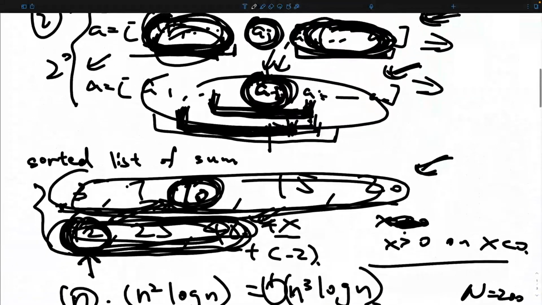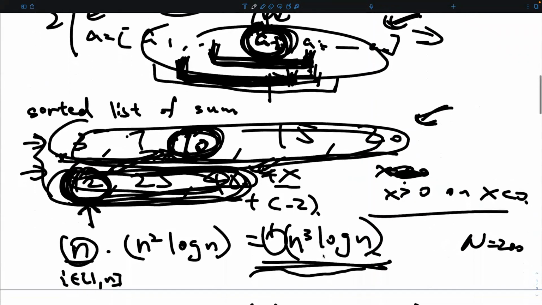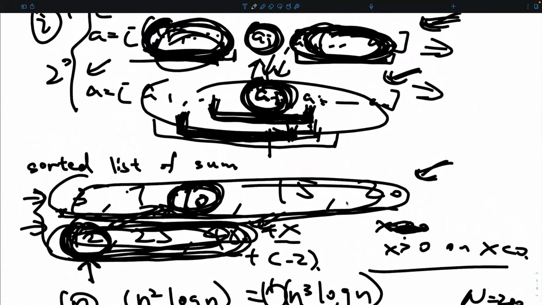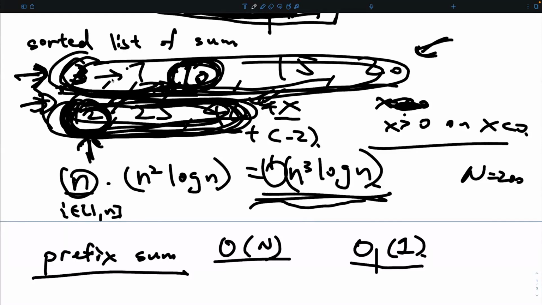So essentially for each index, you build those 2 lists together in n cubed log n. And you don't even need a set here, because you can just brute force sort all the things. After you build them, you can run a two-pointer pass, because effectively you are given 2 lists and you want to find the closest elements. Since you have already sorted the lists, you keep a pointer so that each time you visit a new element, you move the pointer to know which 2 elements are closest in the list.